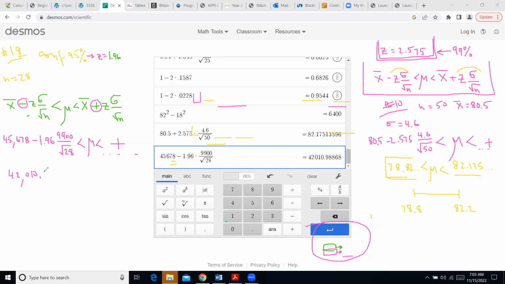So I put 99 because that's in terms of dollars and cents, rounded to the nearest cents. And then again, I need to change the sign in my calculator. So I just highlight this, delete the minus and enter plus in its place and get the right end of this interval. It's 49,345.01, again rounded to the nearest cents.